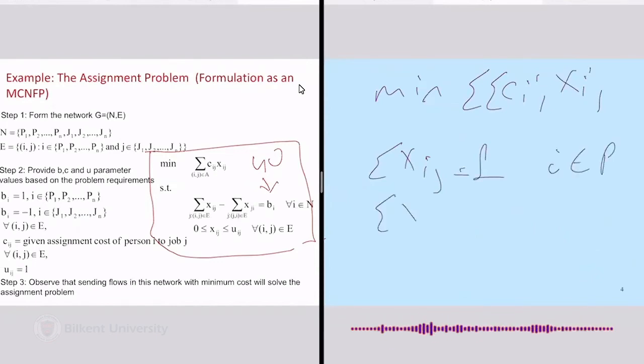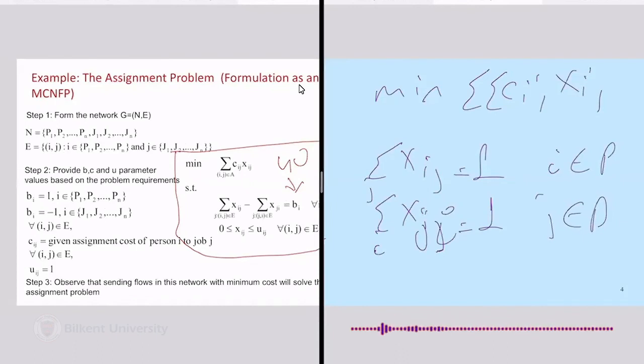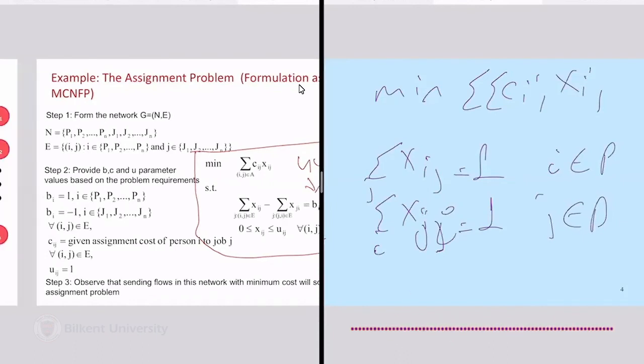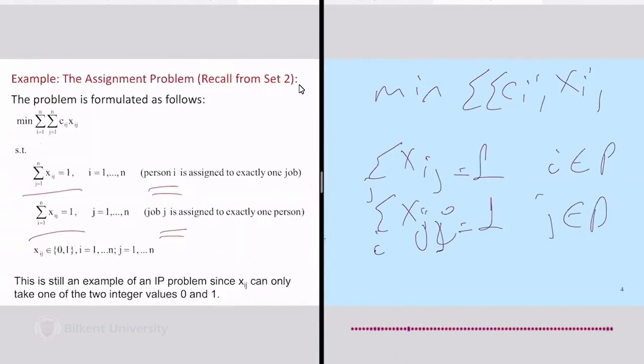And the summation of xji over j equals 1 if j is in the demand set, from j to i. And this is the formulation I did at the very beginning: summation xij equals 1, summation xij equals 1.